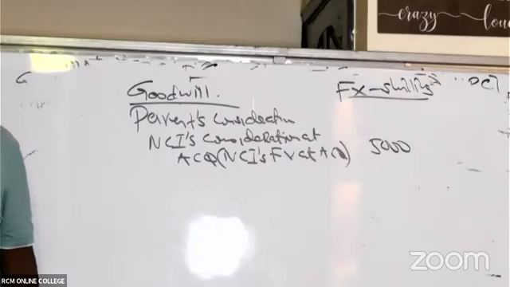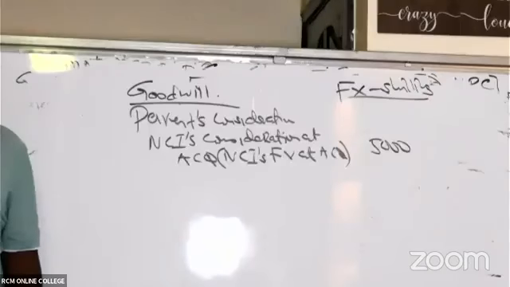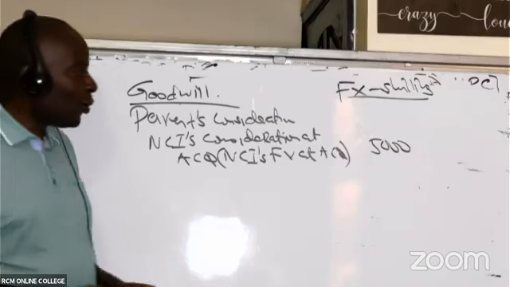We shall overcome. So here, ladies and gentlemen, the investment that the parent has in overseas is 38.18. Paul, if you can, please type. I could not hear you at all.